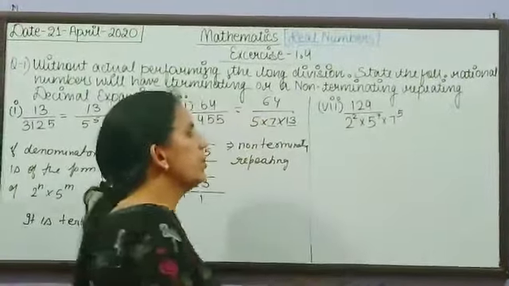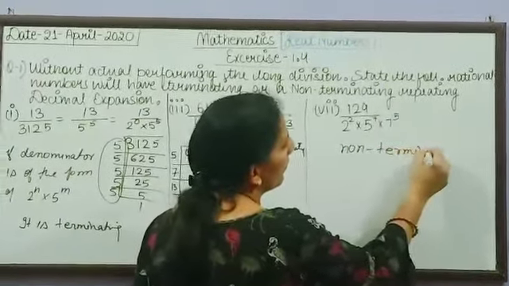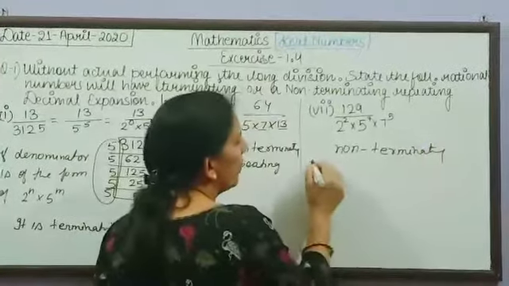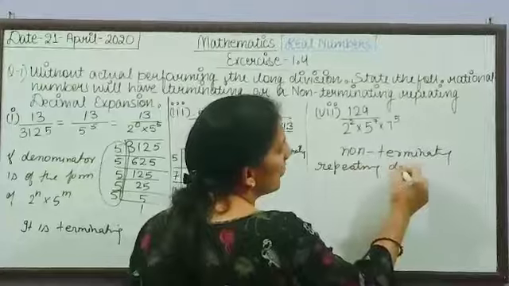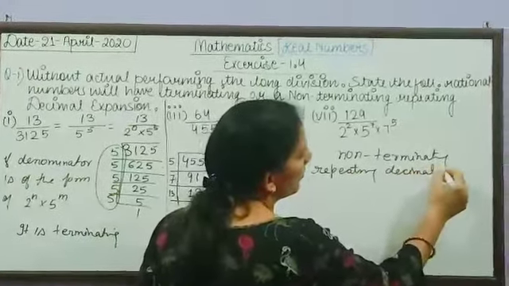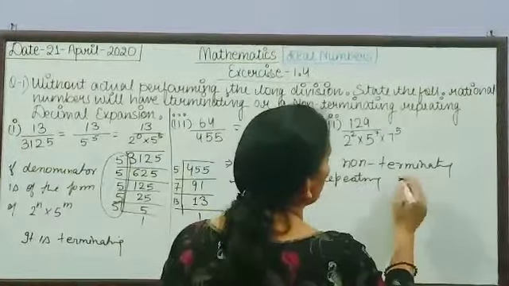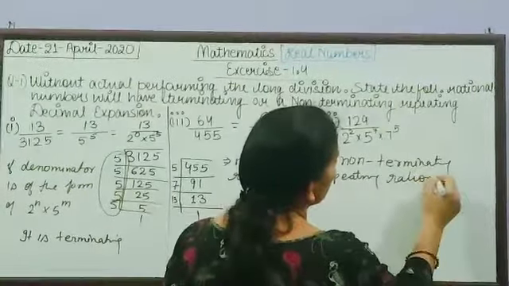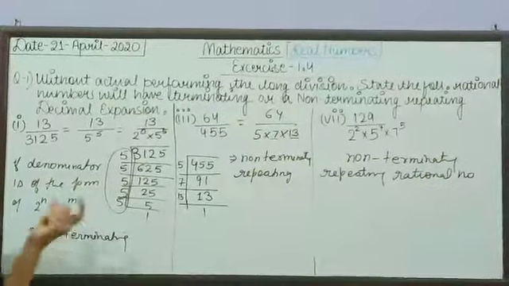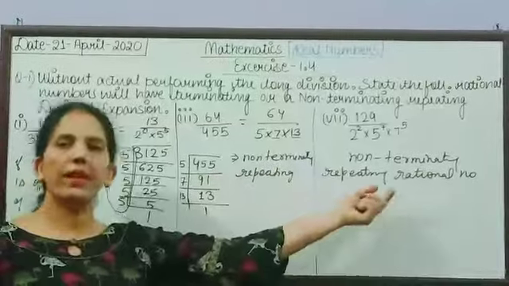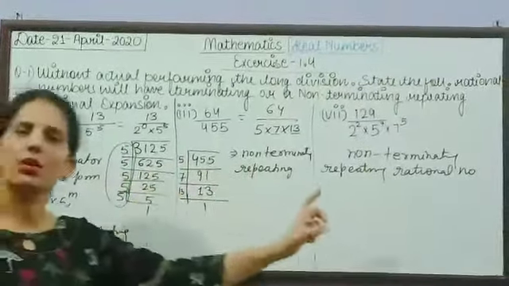So it is also a non-terminating repeating rational number. So this way, without long division, you can find out which one is terminating and which one is not.